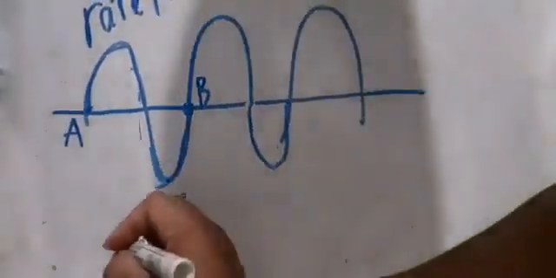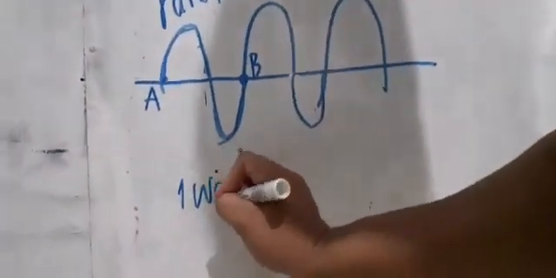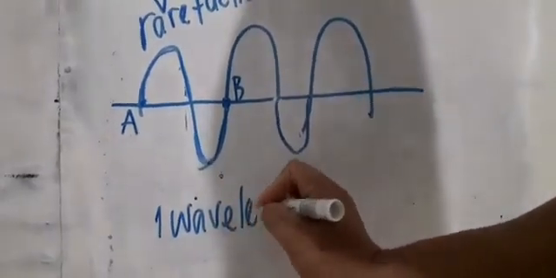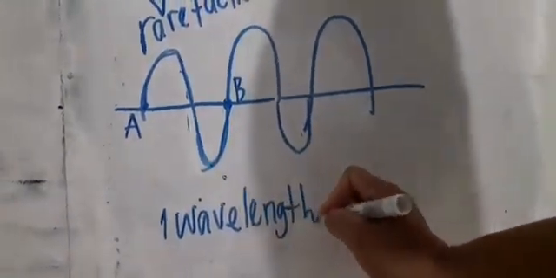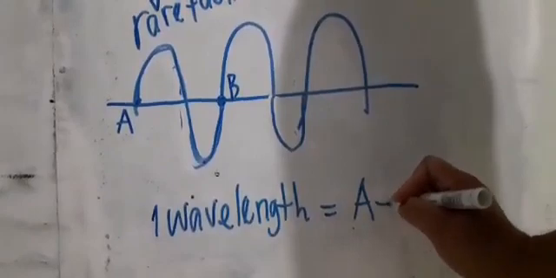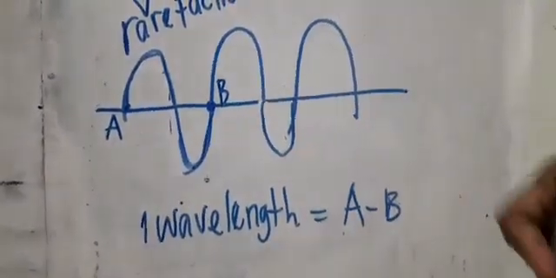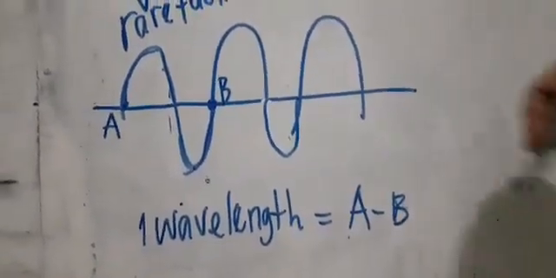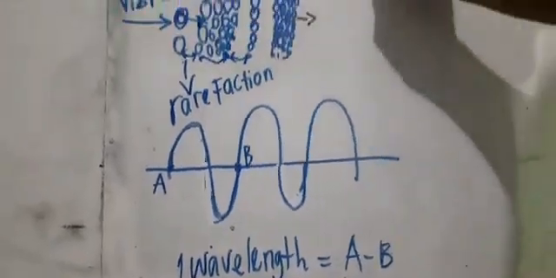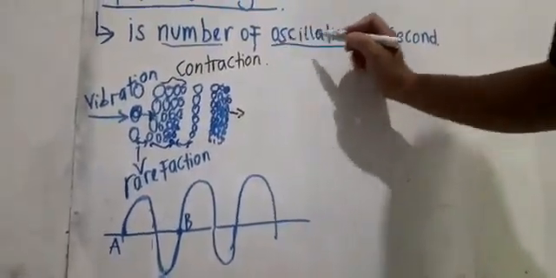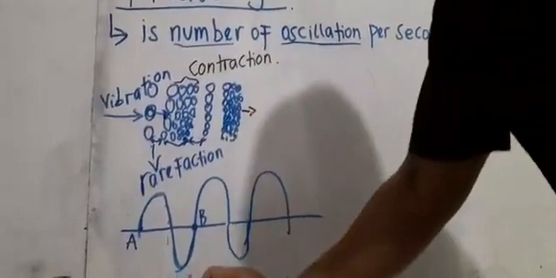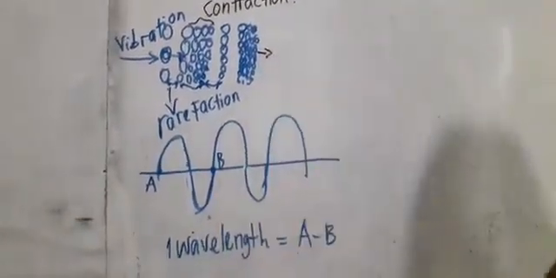So one wavelength is A to B. So the number of oscillations per second is frequency.